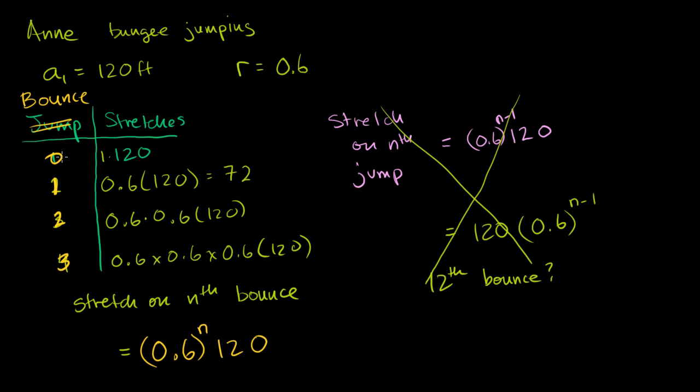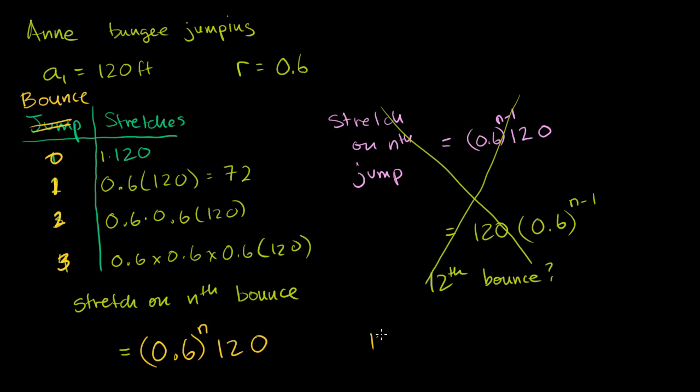Right? On the 0th bounce, that was our original stretch. You get 0.6 to the 0, that's 1 times 120. On the first bounce, 0.6 to the 1, you have one 0.6 right here. 0.6 times the previous stretch, or the previous bounce. So this has it in terms of bounces, which I think is what the questioner wants us to do.